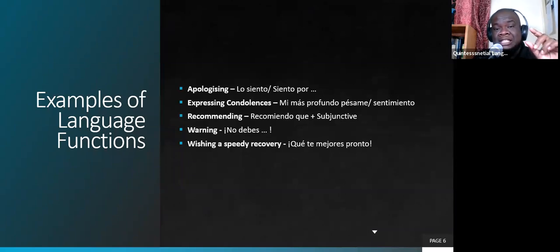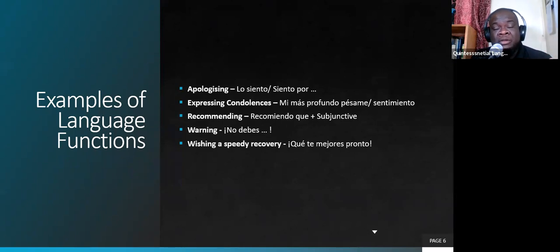So when we're looking at each situation, as well as paying attention to what the question is saying, we need to always try and figure out what is the language function being asked for in this specific situation. Are they requiring me to apologize in Spanish? Are they requiring me to express a condolence in Spanish?